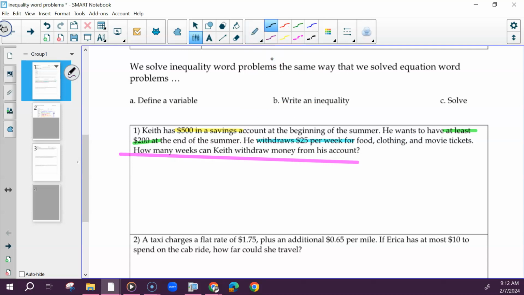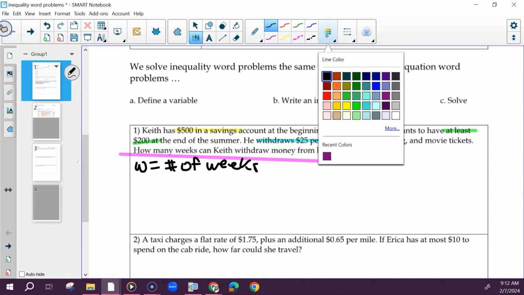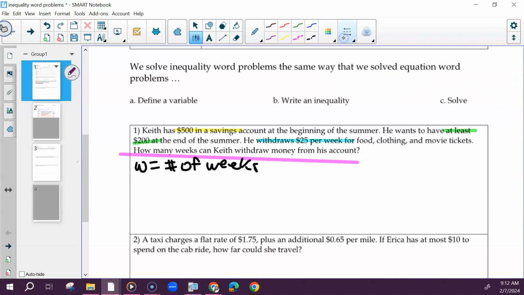Okay, so let's start with our variable. Remember that you can look at your question to find that. How many weeks? So we're looking for number of weeks. We can call that W. And then look for your inequality word.